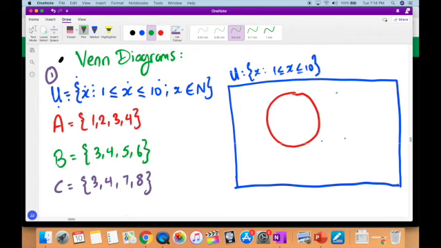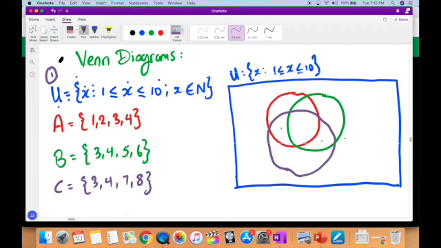So that's set A, that's set B, and then I have set C over here. Right? So what is inside of this intersection here? We can see here that all three of them have the numbers 3, 4. So that 3, 4 is going to be inside of the intersection of all of them.